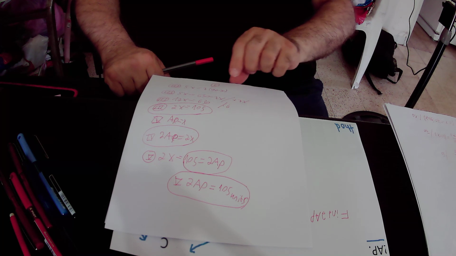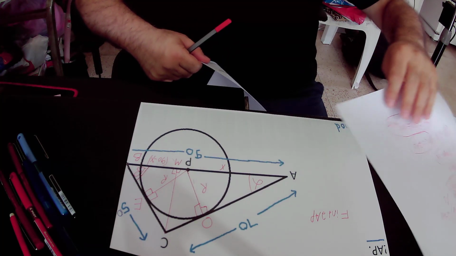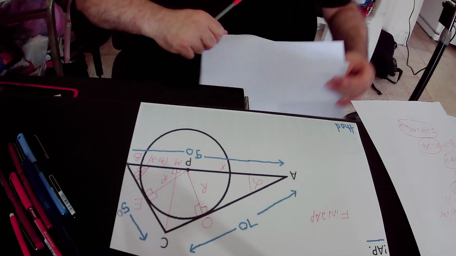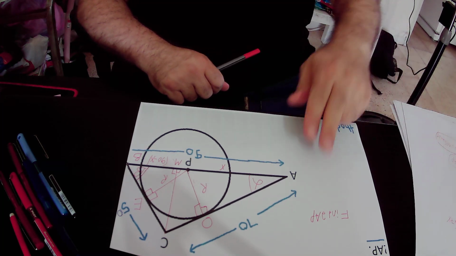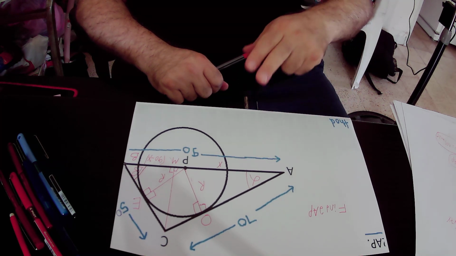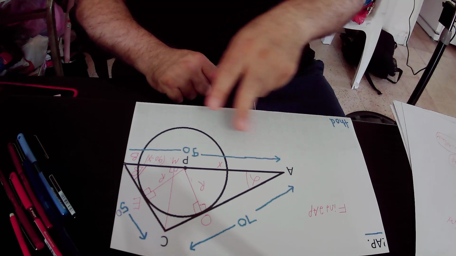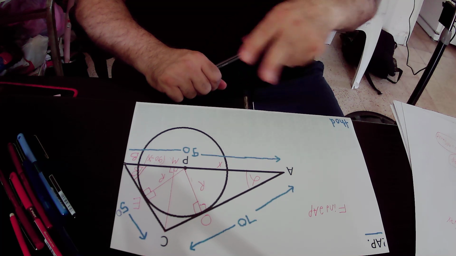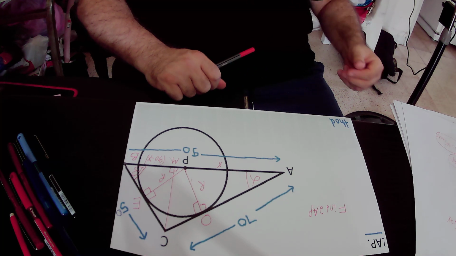And that is actually the answer to our question, because we actually wanted to find 2 times AP, and the value of 2 times AP equals 105 units, or the size of 2 times AP equals 105 units.